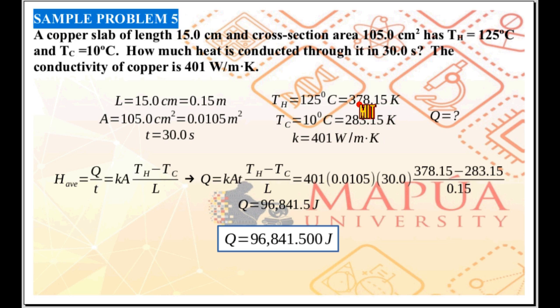So you have 378.15 Kelvin and 283.15 Kelvin. Lastly, the conductivity of copper is provided. Let that be K. K is equal to 401 watts per meter Kelvin. We are looking for how much heat is conducted through the copper slab in 30 seconds. We are looking for total heat transferred, Q.